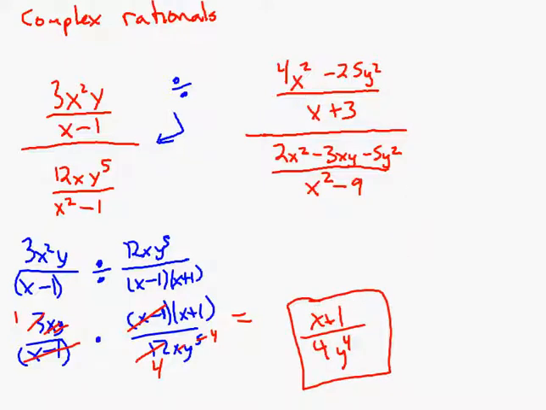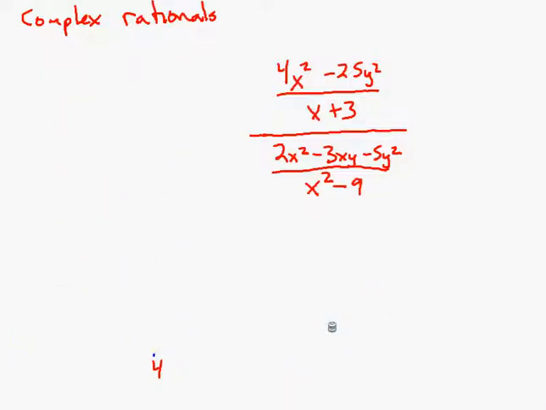This one all looks junky, but it's not that bad. I think I'll erase this part. We'll switch to blue. Patriotic. Okay. So this factors. That one's not that bad to factor. Oh, not squared.